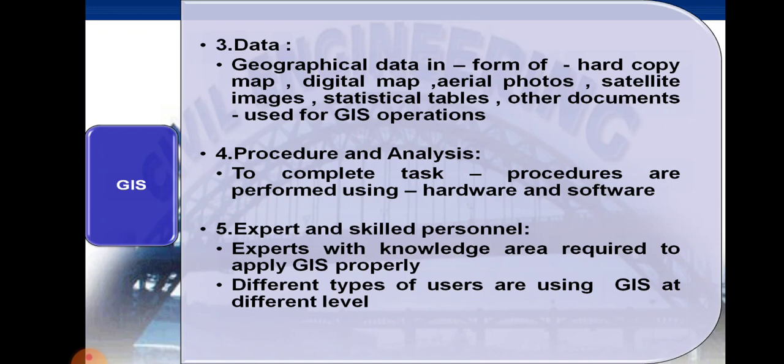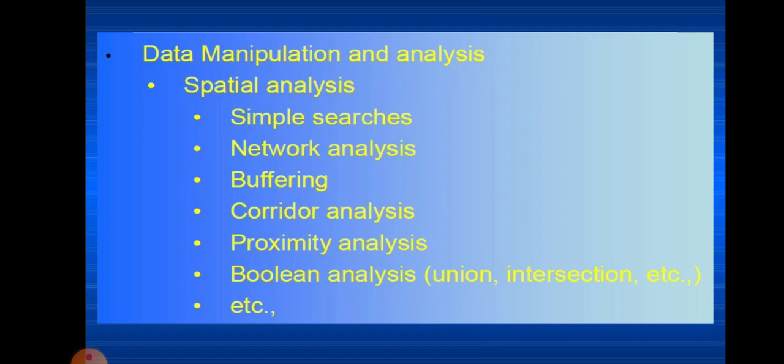Procedure and analysis is basically a complete task where some steps are involved and which are performed using hardware and software processes. Skilled personnel with knowledge of the area are always required to apply GIS properly at different levels.